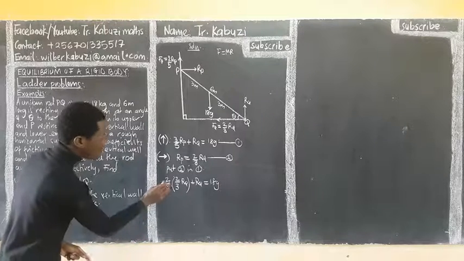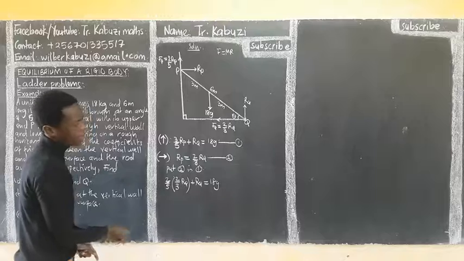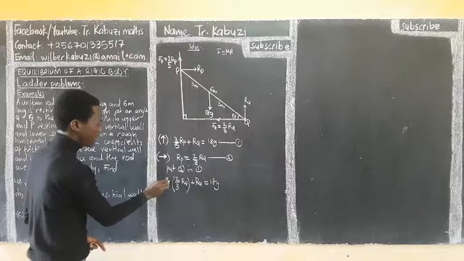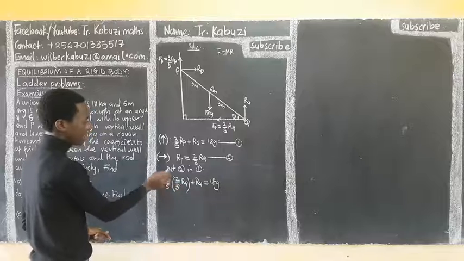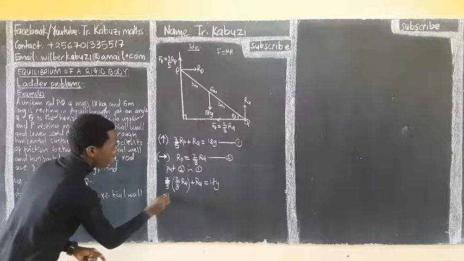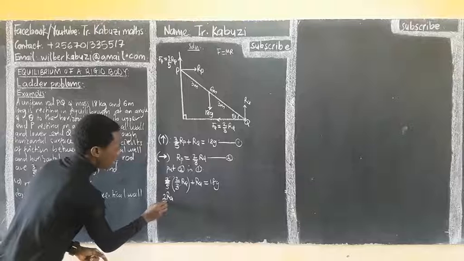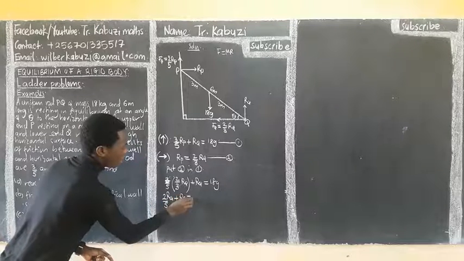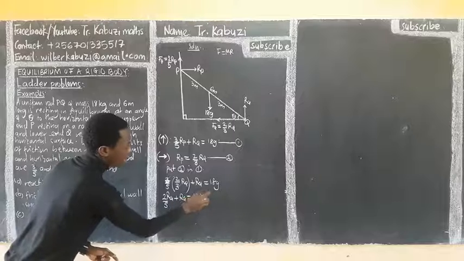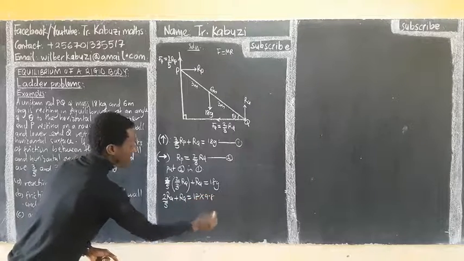This is 3 over 5. This one here is cancelling. So I'm going to be adding 2 RQ over 5 plus RQ equaling to 18 times g, which is 9.8.